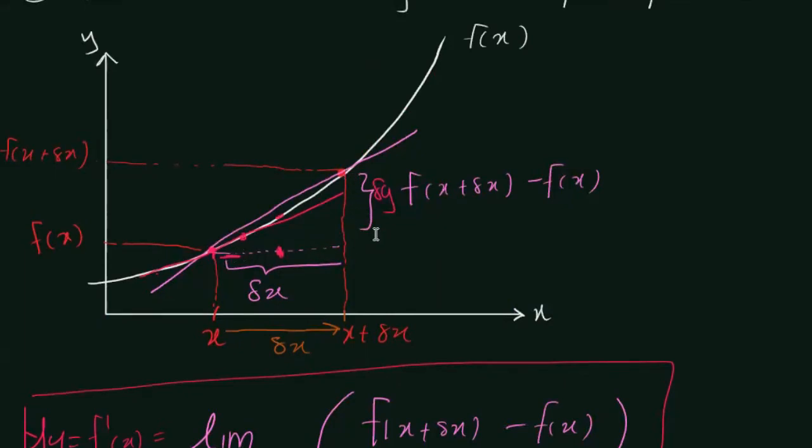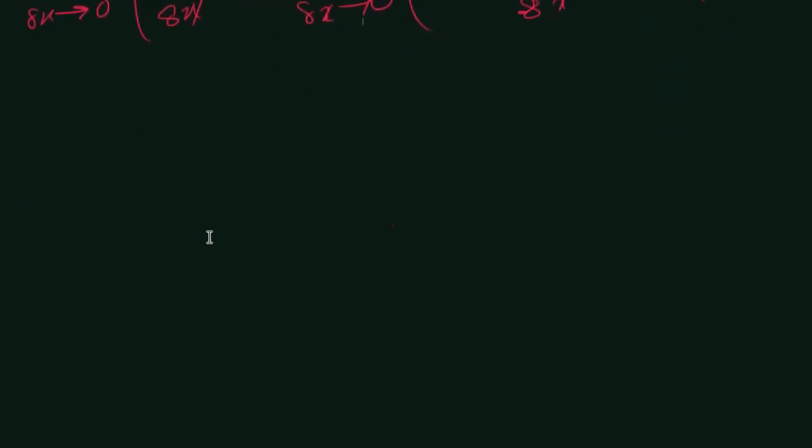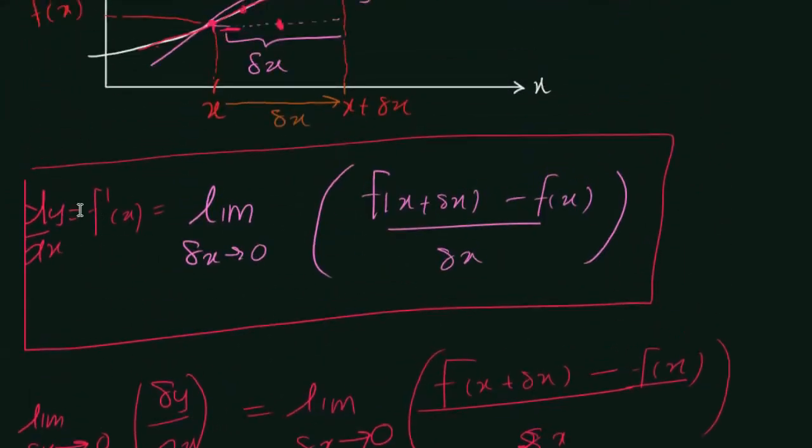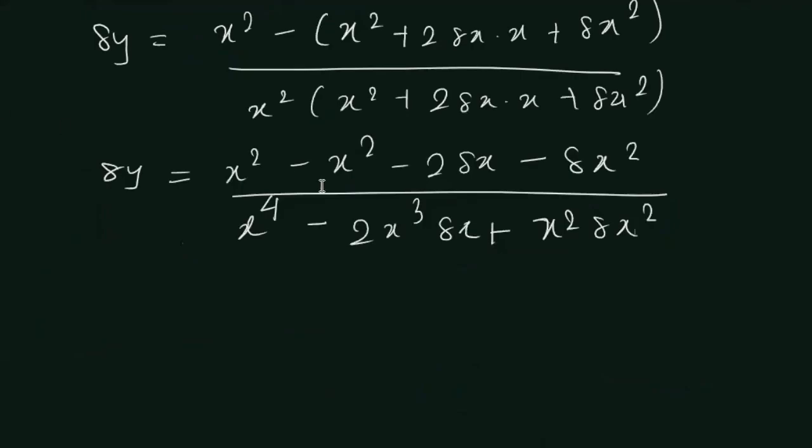That is the same thing, delta y over delta x. So delta y over delta x becomes dy over dx when the limit goes to 0. So I will divide all the terms by delta x.